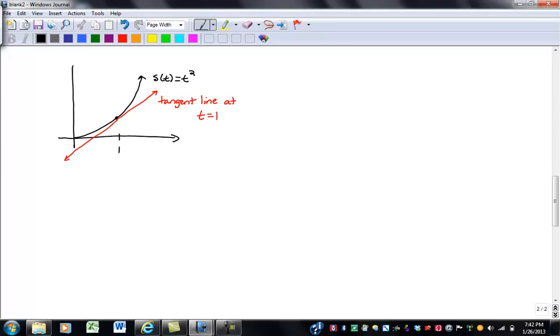So again, we came across the problem of touching a line at just 1 point. How are we going to do that? We need 2 points to make a line. And so we fudge a little bit. We step over a distance h, and we get another point, 1 plus h. So we plug in 1 plus h. When we plug in 1, we get 1 out. We saw this before. So the y value at 1 plus h means you plug in 1 plus h for t, and you have to FOIL that.